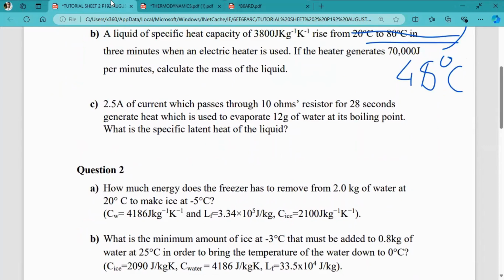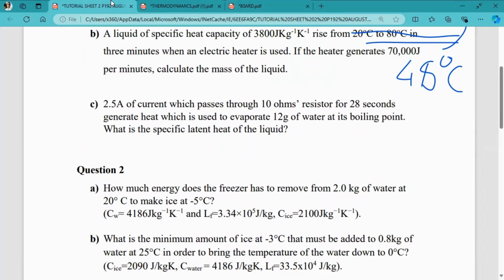So question C is saying 2.5 amps of current, which passes through a 10 ohm resistor for 28 seconds, generates heat which is used to evaporate 12 grams of water at its boiling point.